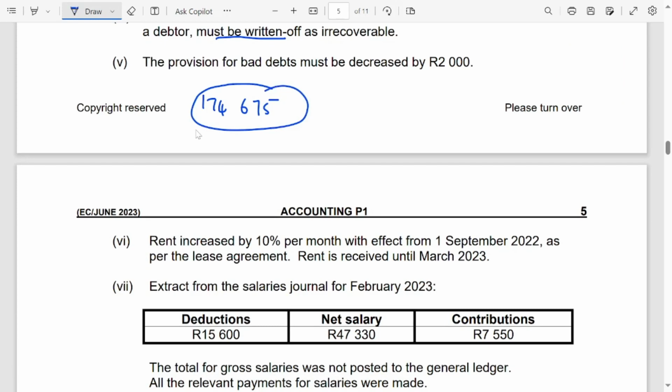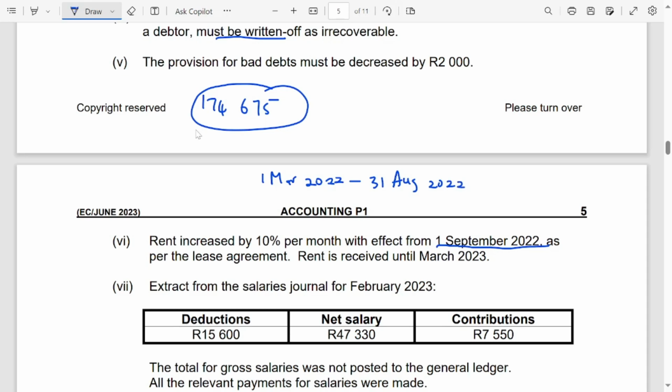They are saying the rent increased by 10% with effect from the 1st of September 2022. Remember, the year starts on 1 March 2022. So this means that the rent from 1 March to 31 August, before the 1st of September, did not have the increment of 10%.